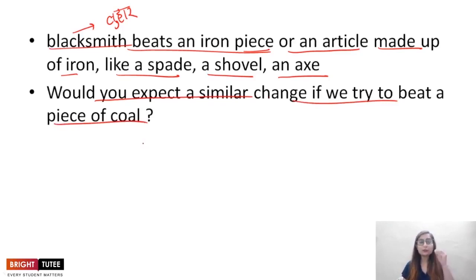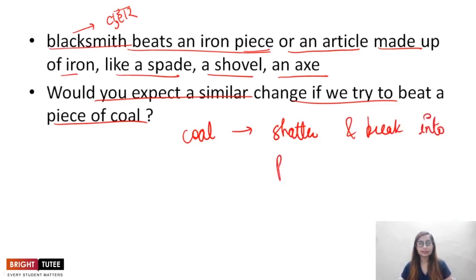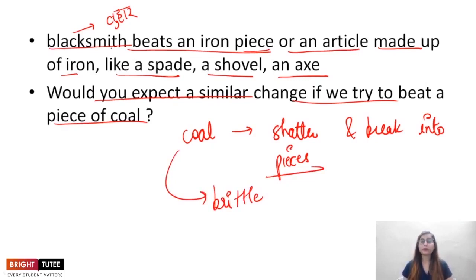But if you try to break coal and try to change its shape, it will not happen. What will happen basically? The coal piece will immediately shatter and break into pieces. It will not remain intact because its nature is brittle. While metals such as iron are not brittle, they are malleable.